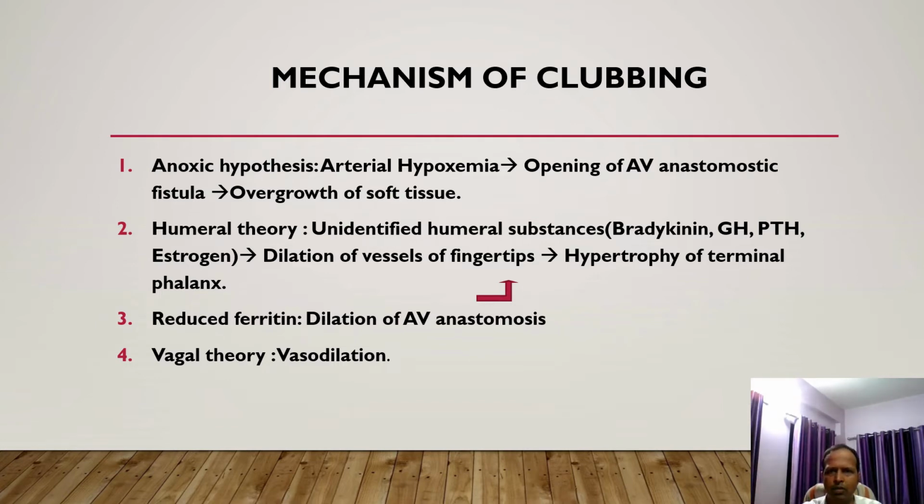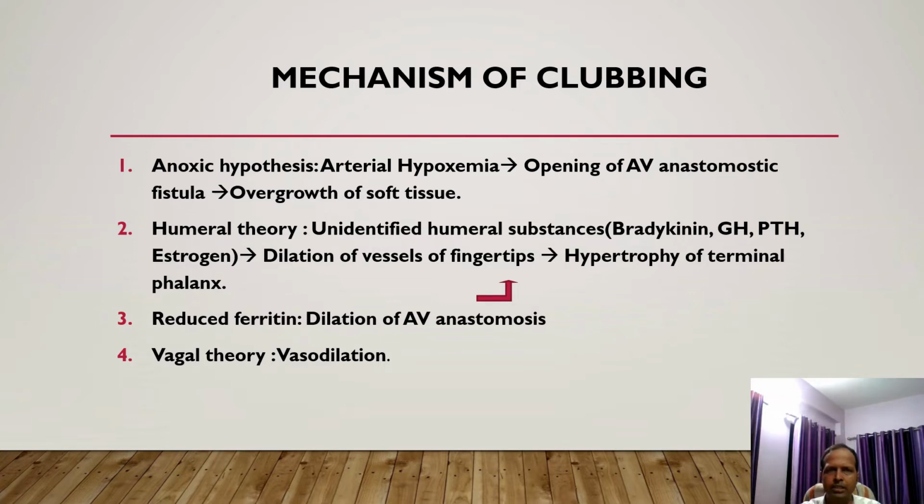Then the second one is the humoral theory, where unidentified humoral substances like bradykinin, growth hormone, parathyroid hormone, and estrogens, all these lead to dilatation of vessels of fingertips, and this leads to the hypertrophy of terminal phalanx.